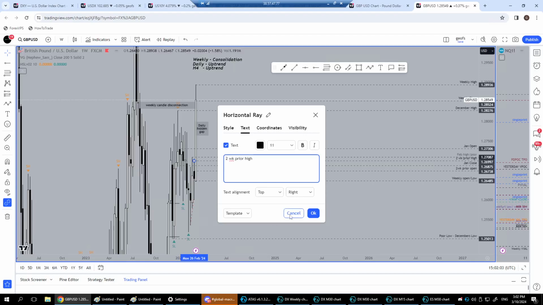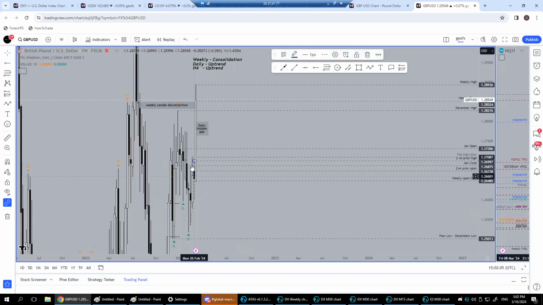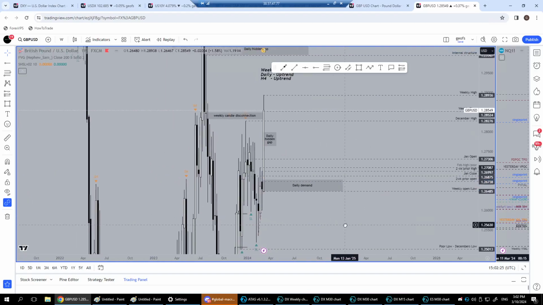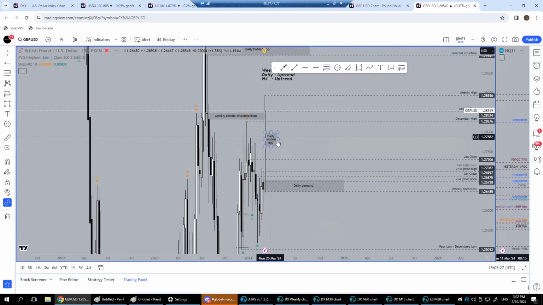So that looks a bit like a classic demand zone. So we better mark it just in case. Doesn't mean we'll trade.